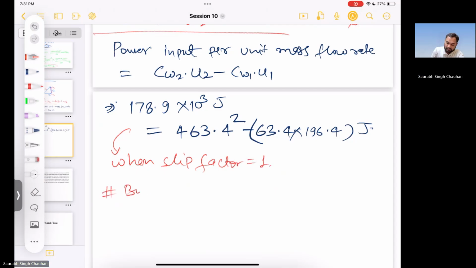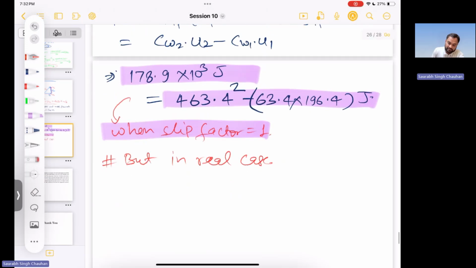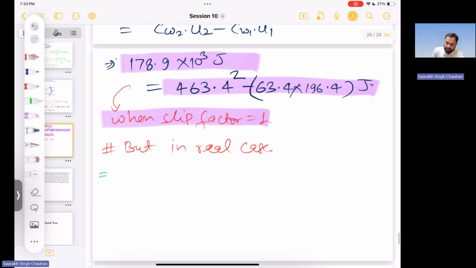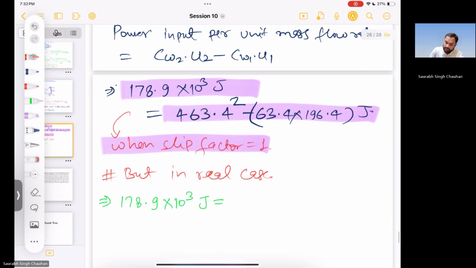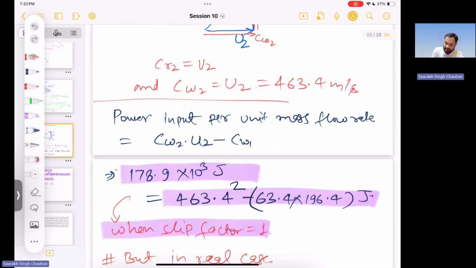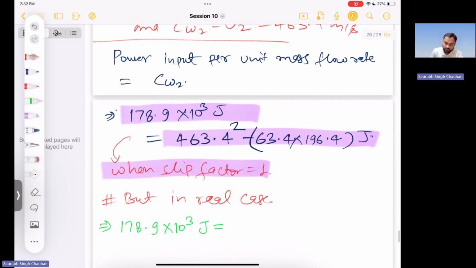But in the real case, this will not be correct. So in the real case, it will be 178.9 times 10 to the power 3 joule equal to U2 minus CW1 U1.